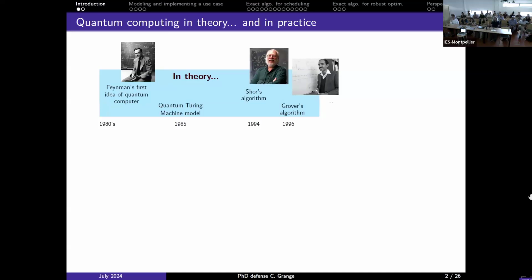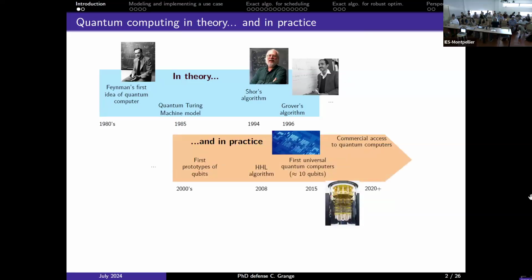So all these theoretical results led to investment in practice, so to invest in building computers in real life. At the beginning of this century, there were the first prototypes of qubits, which is the quantum information of quantum computers.